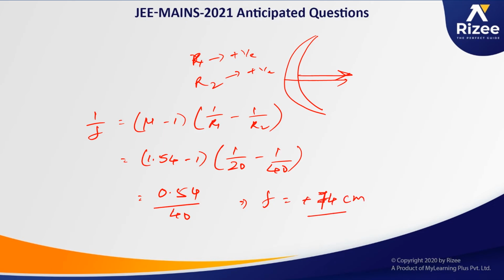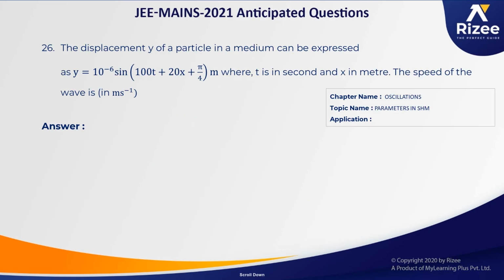It is a converging lens, obviously a positive lens. Fine. Coming to the next question, question number 26.